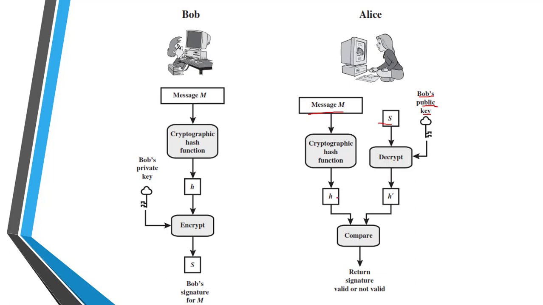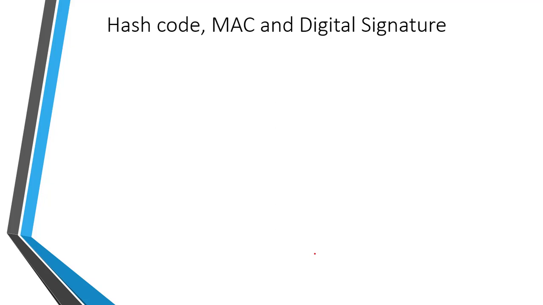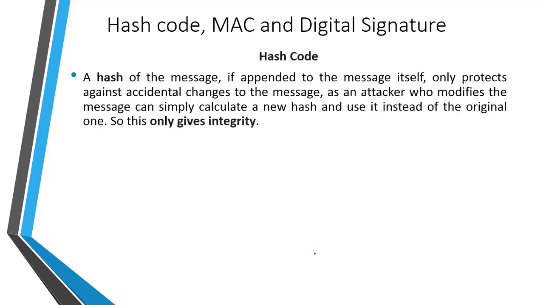Now Alice will compare the calculated hash code with the received hash code and verify the message. If both the hash codes are the same, then we can say that the message is not modified and the message is authenticated.